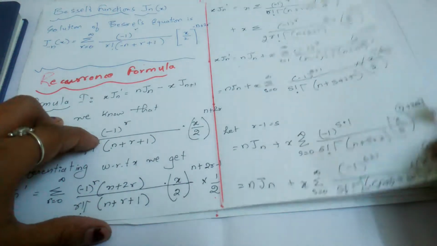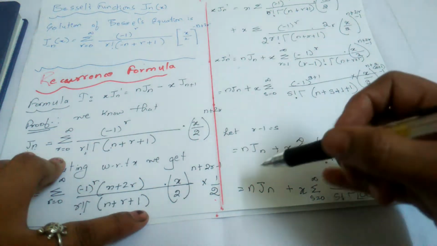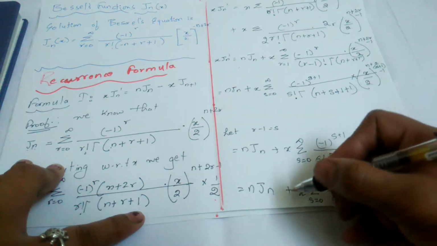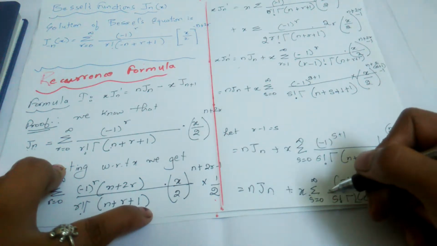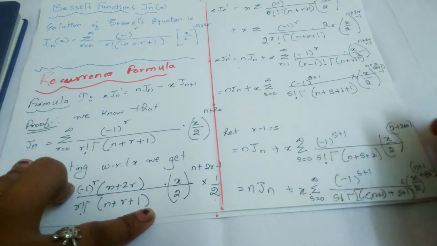So as a result, what we are getting as this solution is n J_n plus x J_n plus 1.